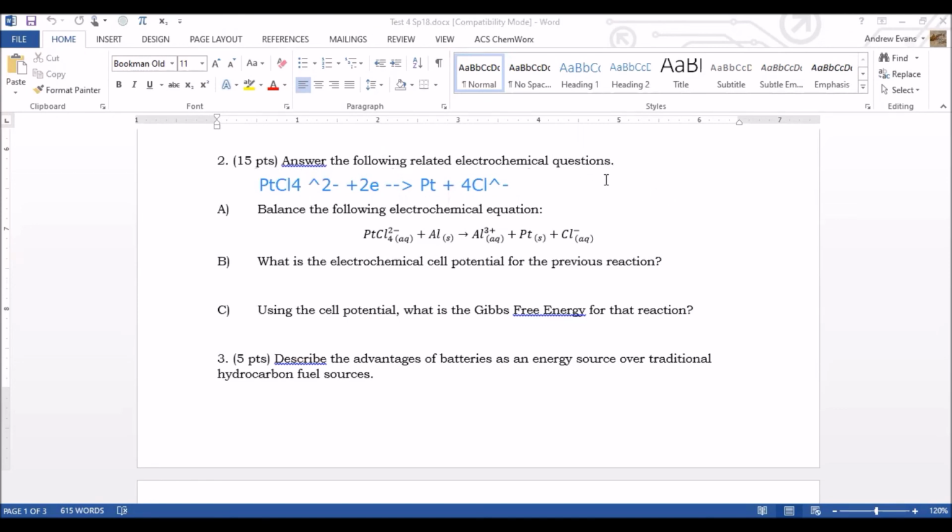Now the other guy, aluminum, goes to aluminum 3+. There's 1 aluminum, that's balanced. No oxygens, no hydrogens, so I just add 3 electrons. Now, what's the greatest common factor? 3 and 2 are 6.